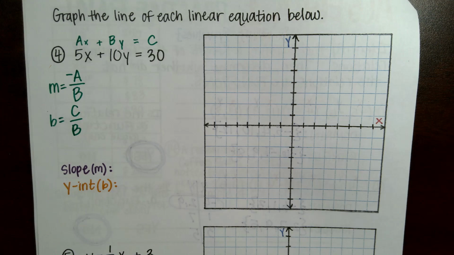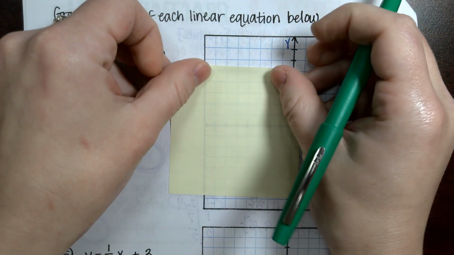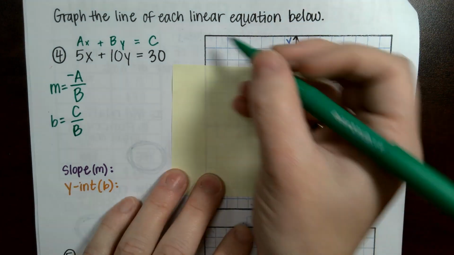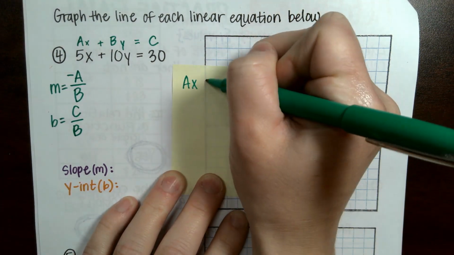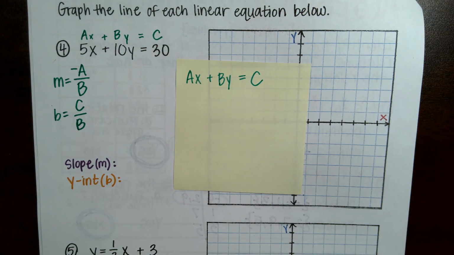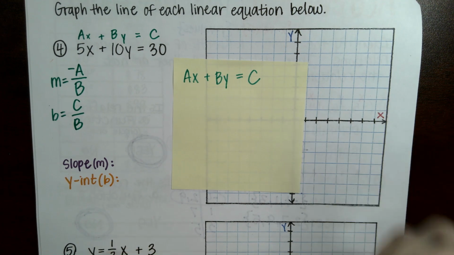And real quick, I'm going to run you through how we came up with the negative A over B and the C over B. You don't have to know this, but I just think it's really nice to be able to understand why we're doing that. So if we have our original equation, AX plus BY equals C, and we want to get to slope-intercept form, we're going to rearrange our equation so that we have y equals something x plus something, right?